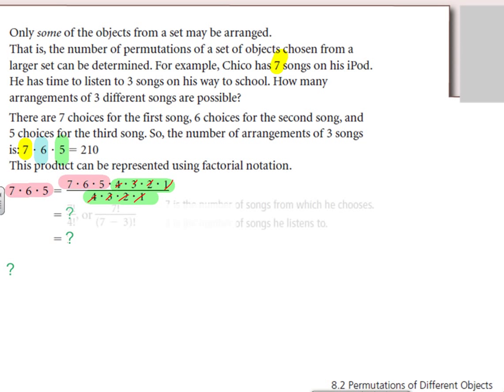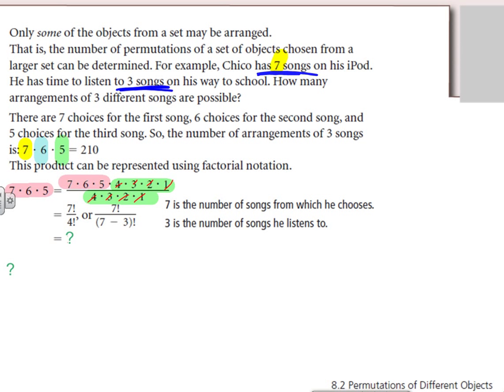So 7 all the way down to 1 is 7 factorial. 4 all the way down to 1 is 4 factorial. Using the numbers that they gave us, 7 songs and 3 songs, I can subtract 7 minus 3 to get that 4. Which then also gives me 210.